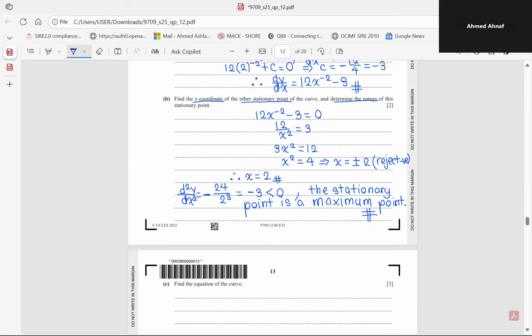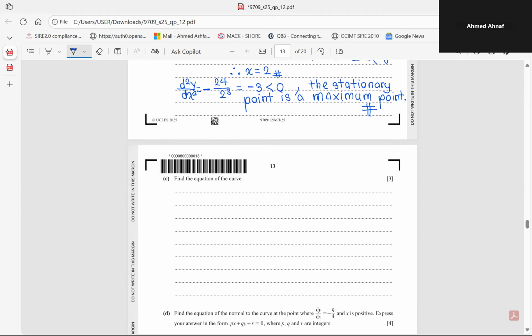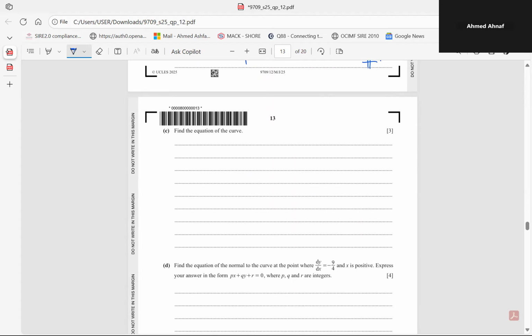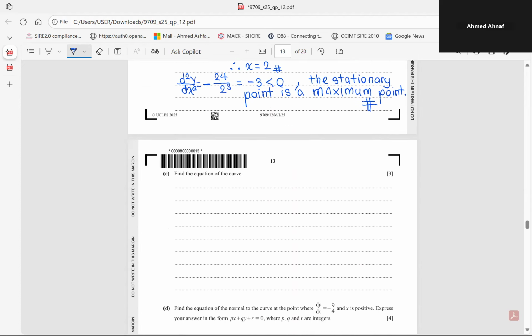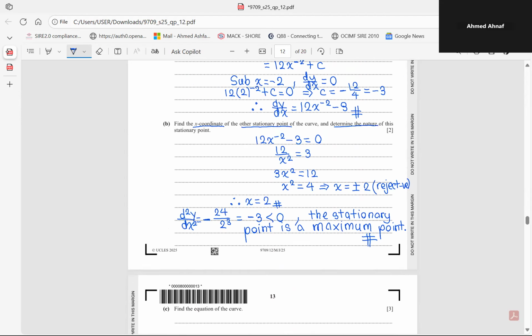So this is our answer. So now we can head on to the next question. Okay, so for this part, we're just going to have to find the equation of the curve. So to do that, we have to find an expression for y in terms of x.